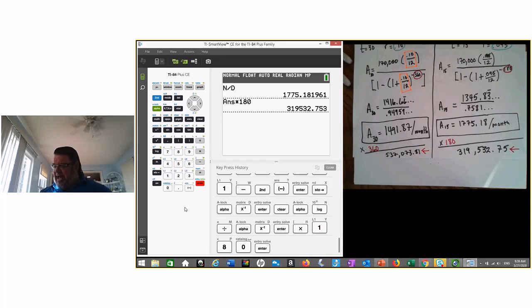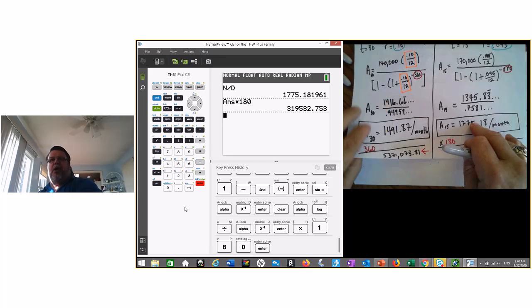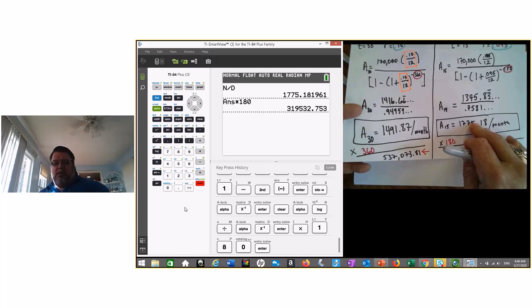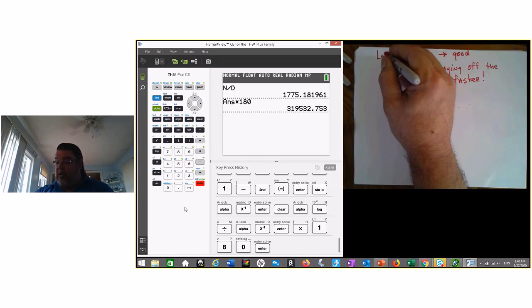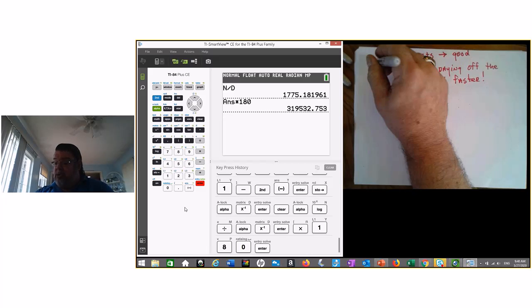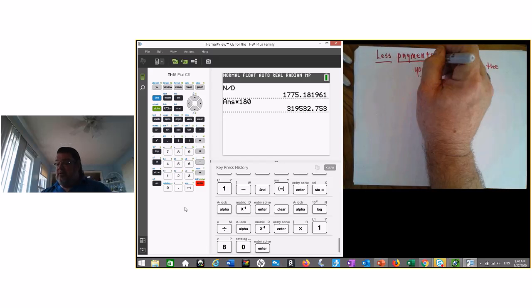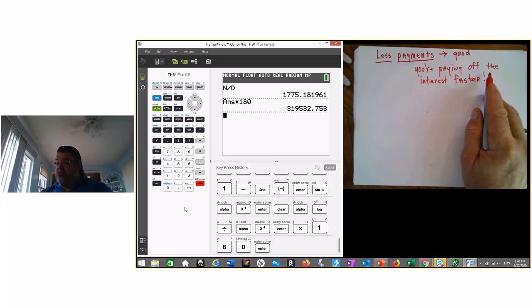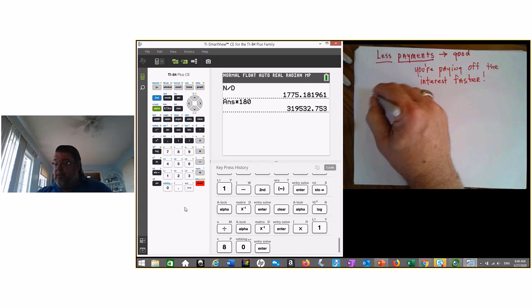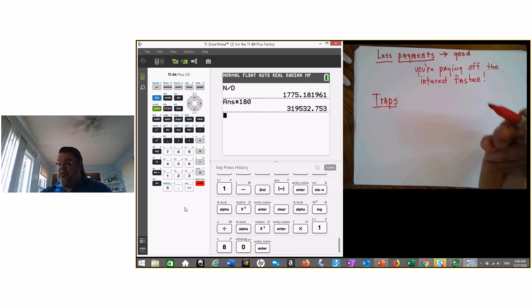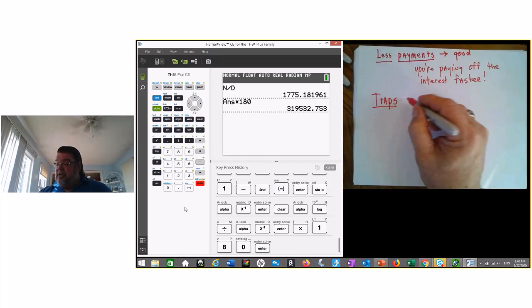So that is what the bank is making off of your loan. So the quicker you make payments and the more the payment is, you're paying off the interest what? Faster.